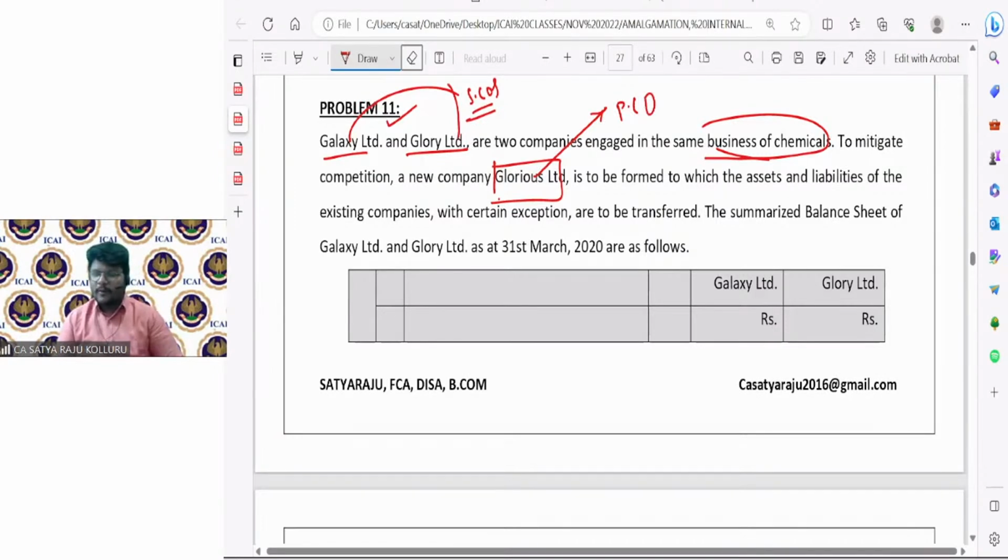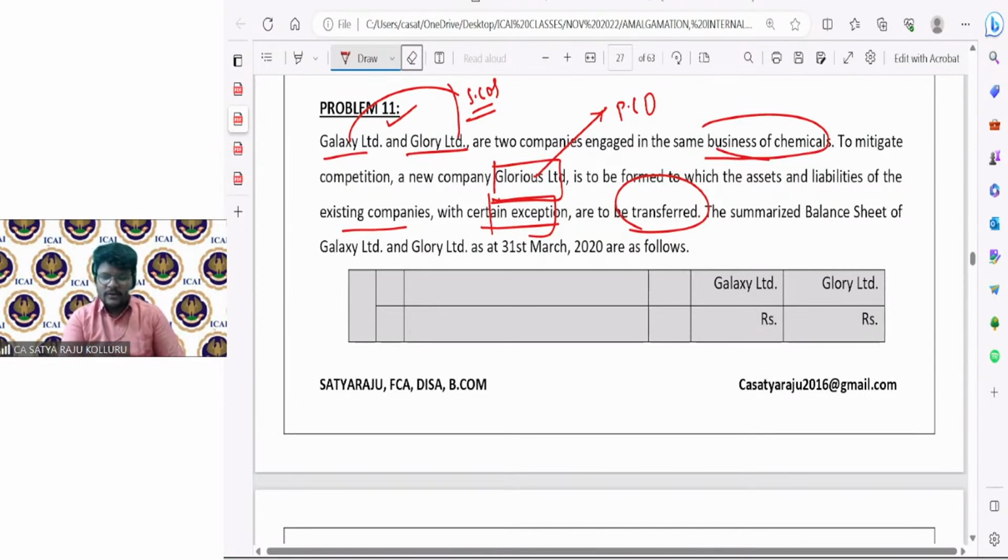It is a pure form of amalgamation. It is to be formed, to which the assets and liabilities of the existing companies, with certain exceptions, are to be transferred. So that means assets and liabilities of both the selling companies are transferred to the purchasing company, but some exceptions are there. We will know such exceptions if we read the problem in full.